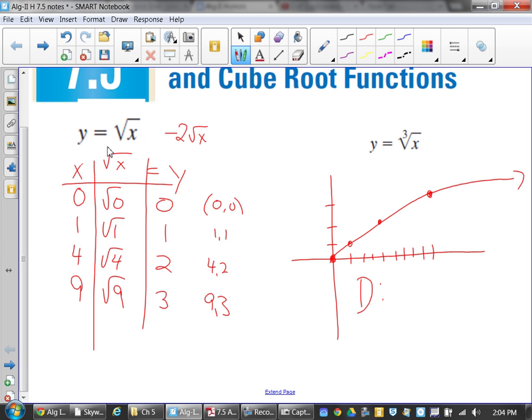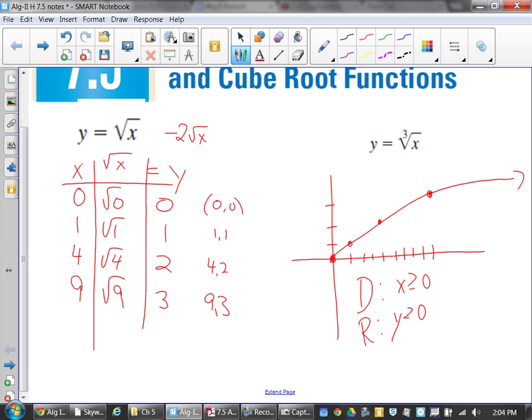Bravo. Positive, all real. I'm not wrong, am I? Rational? No. Would I just say x is greater than or equal to 0? Sure. Stop overthinking it. It's all values of x that are greater than or equal to 0. What's your range? All y is greater than or equal to 0. Most people get that after we get the domain. It's all your y values that are greater than or equal to 0.